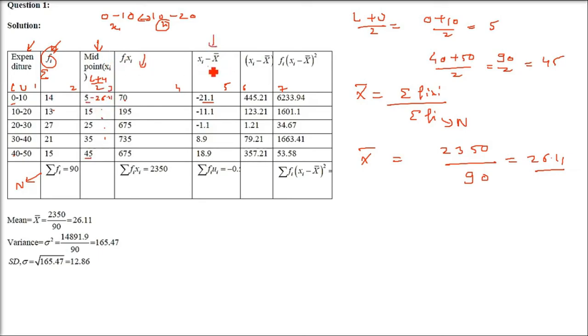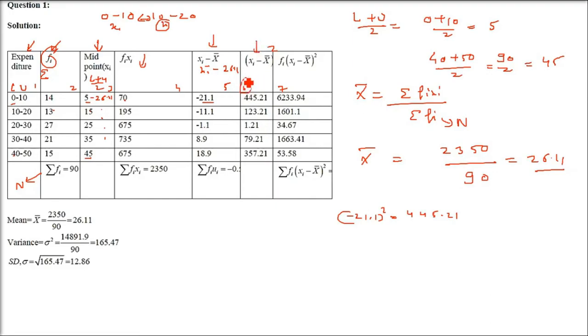Now square it in the fifth column. Minus 21.1 squared is 445.21. This is how you have to write it.